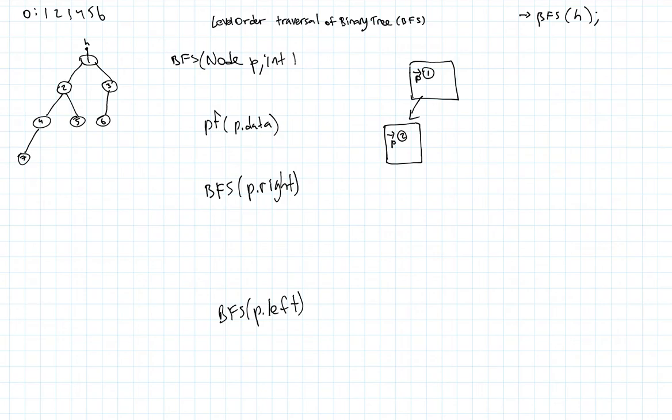So the level will be my indicator of which level I am right now. So my level is here, and I should use my level, whatever it should be. If it's the first node, then let's make it level 0. This makes 1, this 2, and then 3.